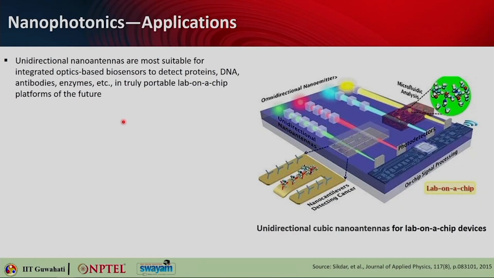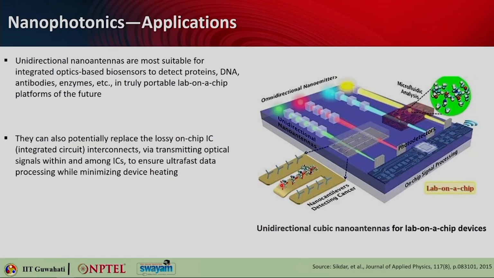Other applications could be in sensing in future level chip devices by using dielectric nanoantennas, as you can see here. These dielectric nanoantennas are able to focus light, and by making different arrays or chains of these nanoantennas, you can focus light in different regions that can be used for sensing applications.